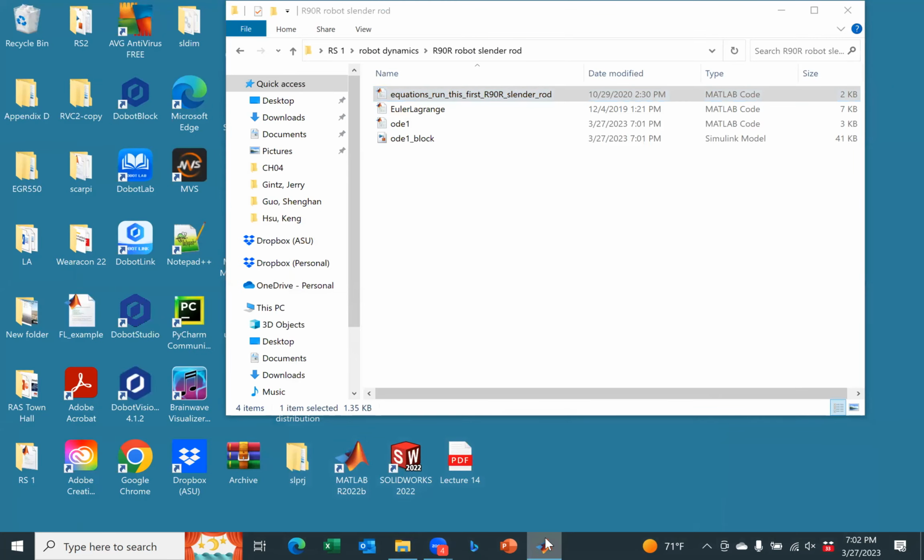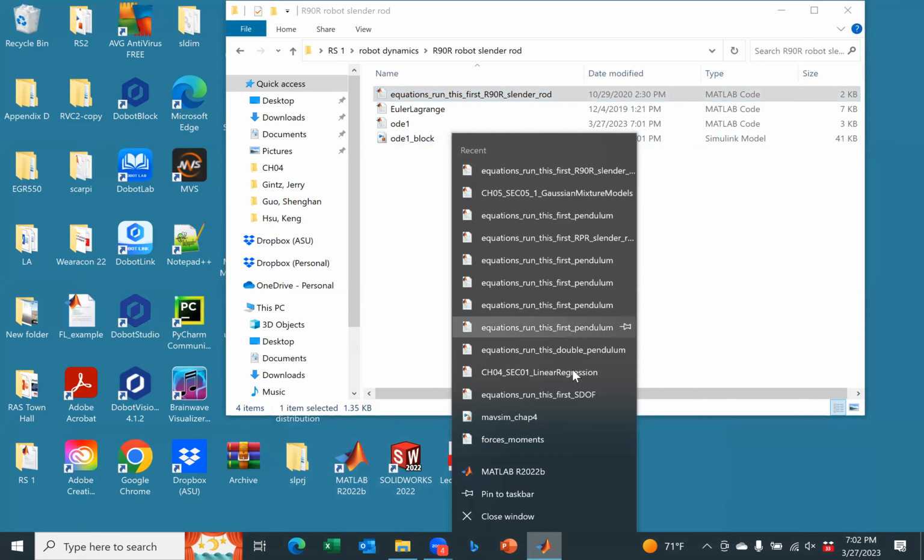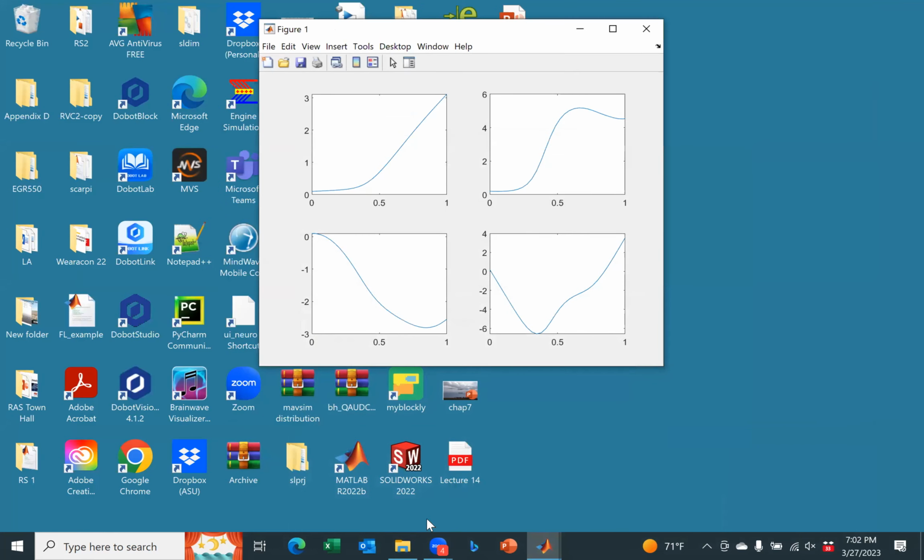And then somewhere you will get this plot. So basically you have theta 1, theta 1 dot, theta 2, theta 2 dot. This is the plot at play.